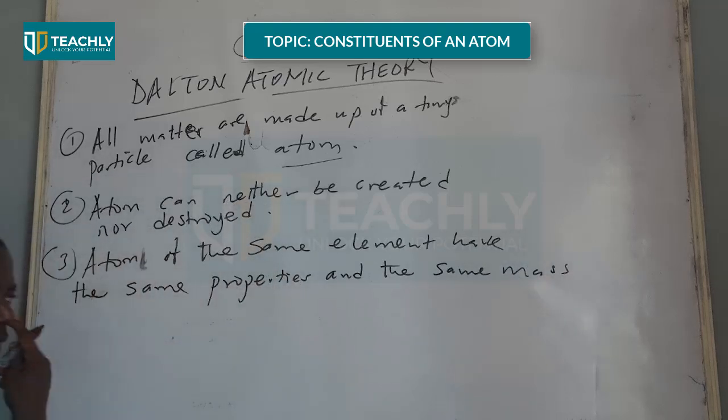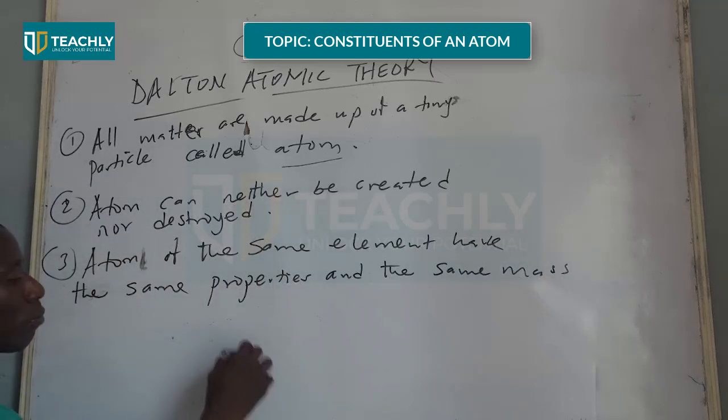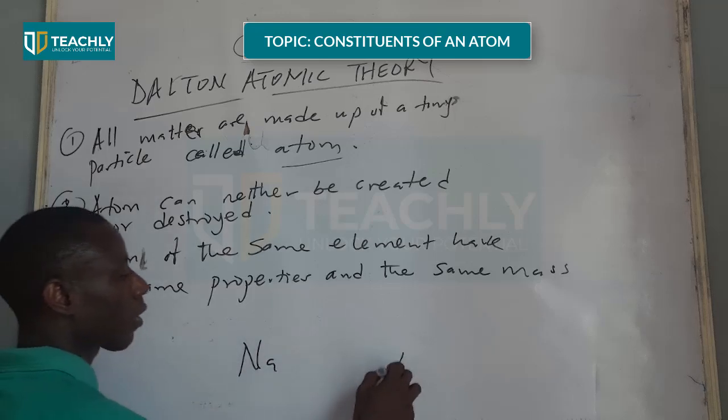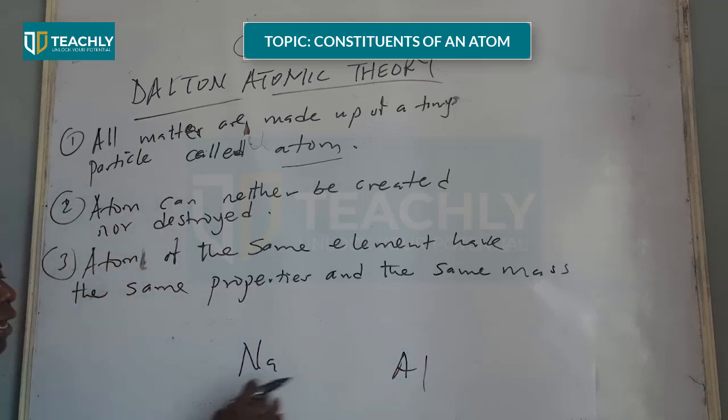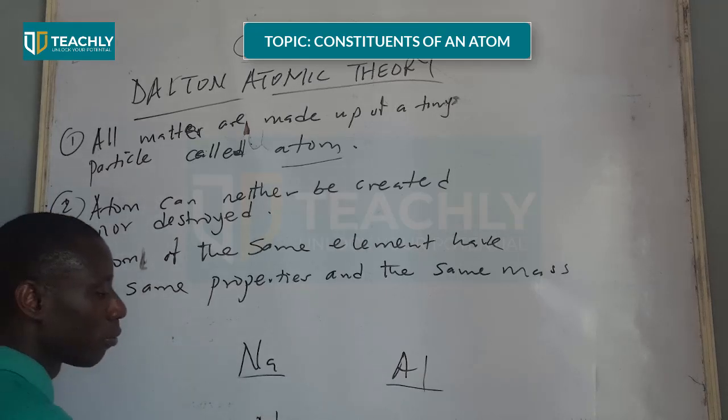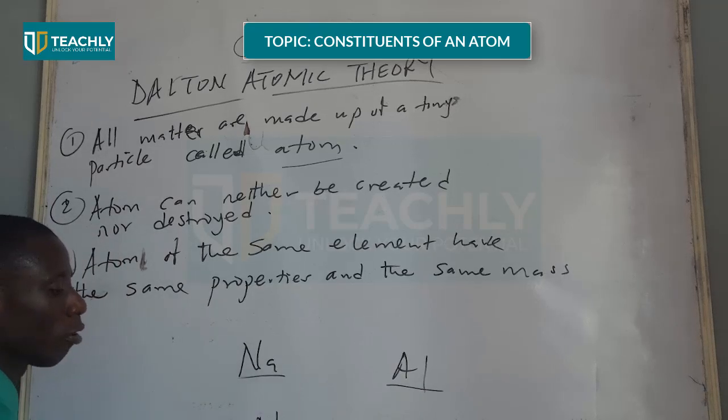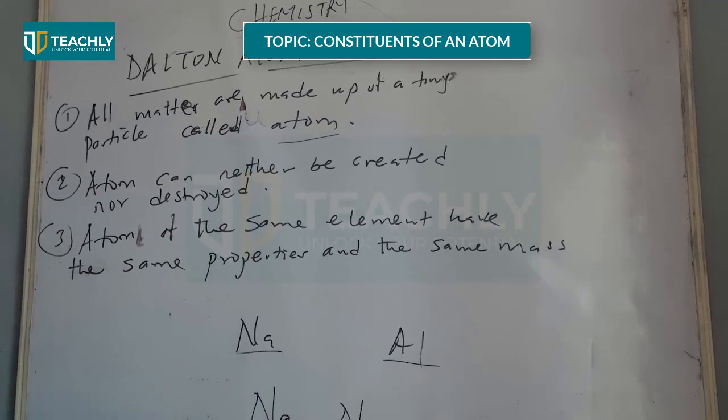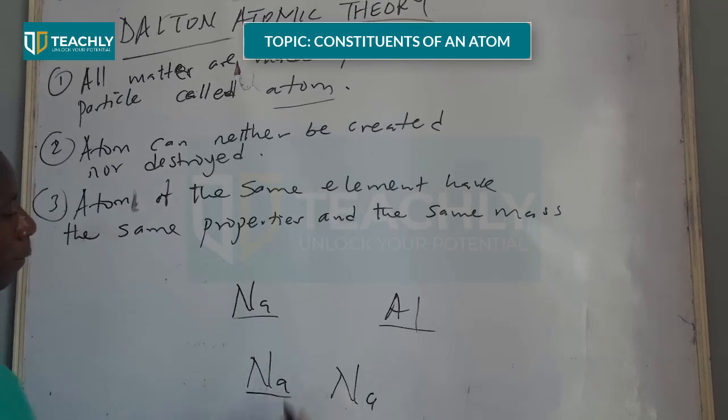Let's look at this. If you look at sodium and then let's look at aluminium, you can see they are atoms of different elements. So the way sodium will behave is different from the way aluminium will behave. If you have sodium and another sodium, anywhere they find themselves, they have the same properties, that is, physical properties and chemical properties.